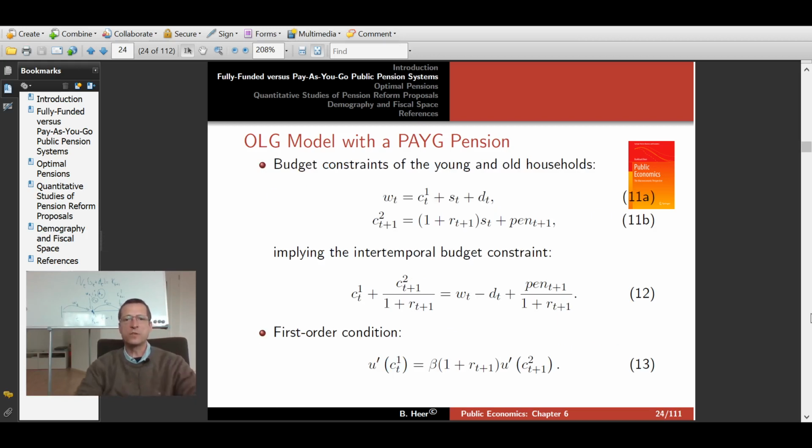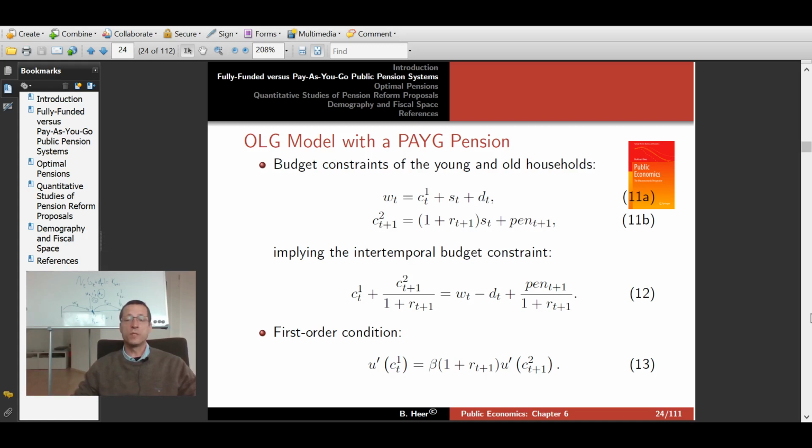Our budget constraints are now familiar to you. So the young has budget constraint: w_t, his wage income, he works 1 unit of time, is spent on consumption c_1, savings s, and contributions d_t. And in old age, he receives a return on savings (1+r_{t+1}).